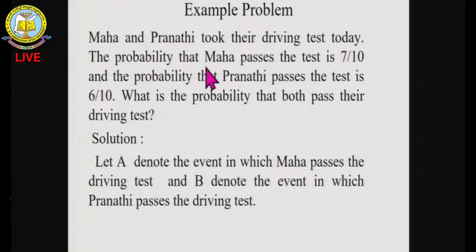The probability that Maha passes the test is 7 by 10 and the probability that Pranati passes the test is 6 by 10. What is the probability that both pass their driving test? Maha's probability is 0.7, and Pranati's probability is 0.6.